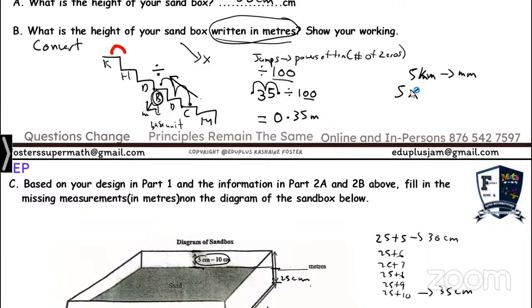Count with me now. 1, 2, 3, 4, 5, 6. And since it is 6 jumps, what power of 10 has 6 zeros? What number is that? That is 1 million. All right.